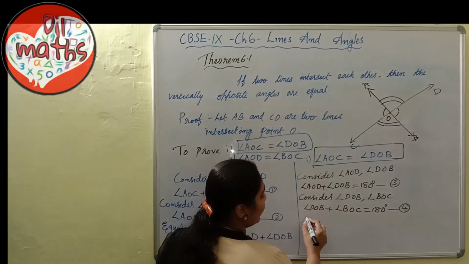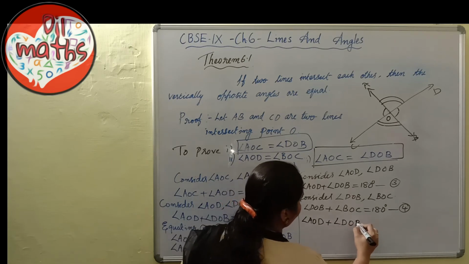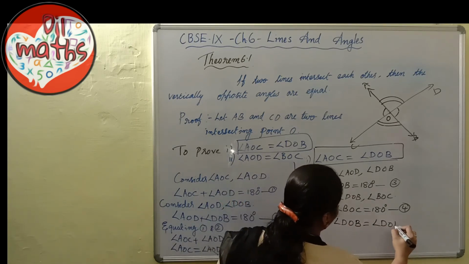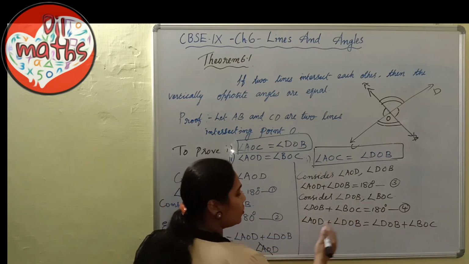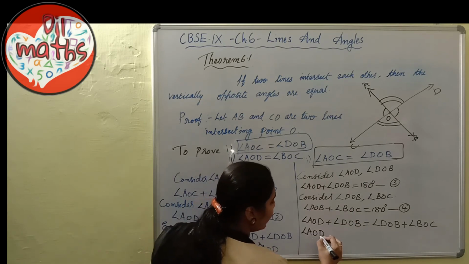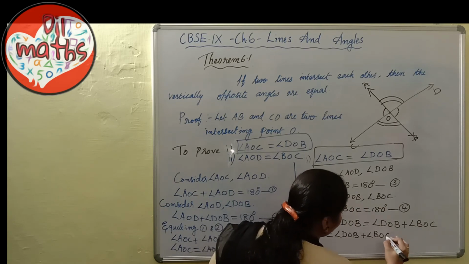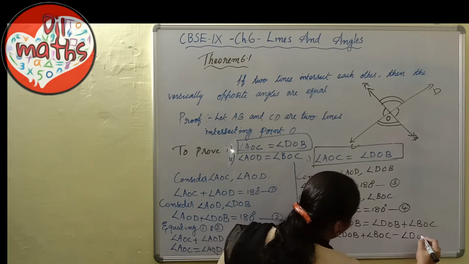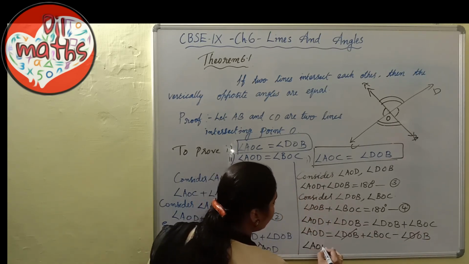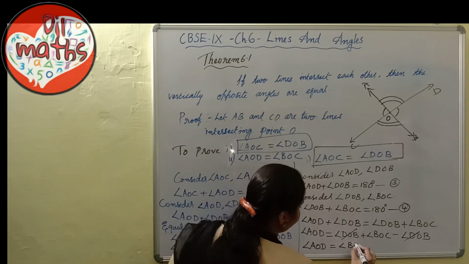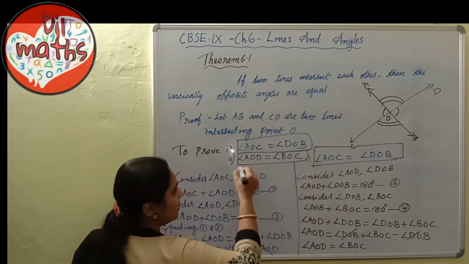From that, what will you get? Angle AOD plus angle DOB is equal to angle DOB plus angle BOC. Now we can take this plus DOB to the other side, then we get angle AOD is equal to angle BOC minus angle DOB plus angle DOB, and we can cancel DOB and we will get angle AOD is equal to angle BOC.